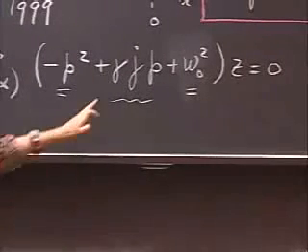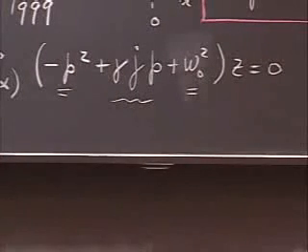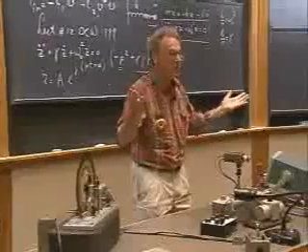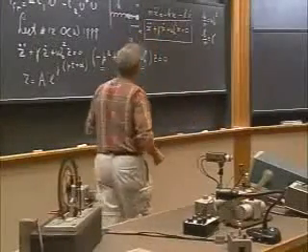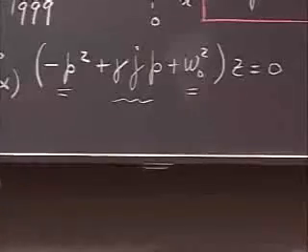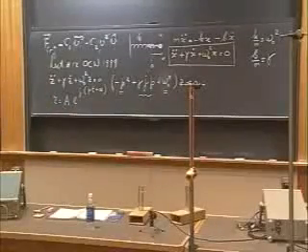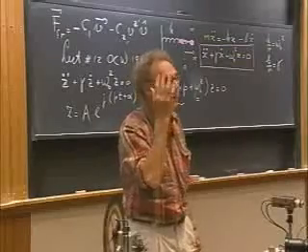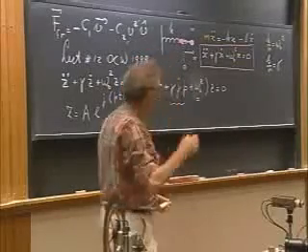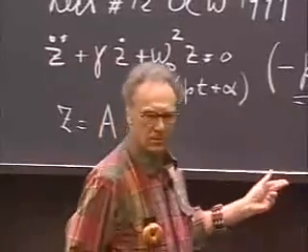Now, if you make gamma 0, you have no problem. There is no damping, so that's ridiculous. If you make p 0, then you no longer have any oscillation going on, because you smell that pt is going to be the oscillatory thing. So that's also unacceptable, and so this won't work.